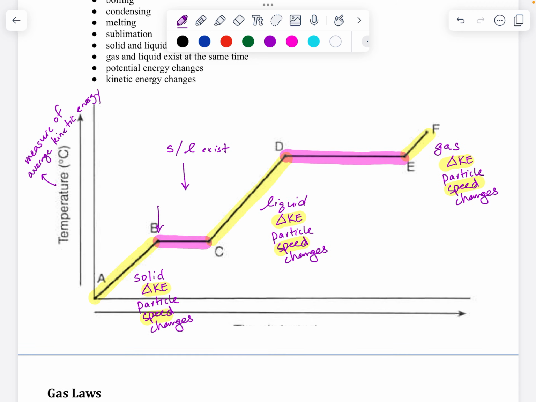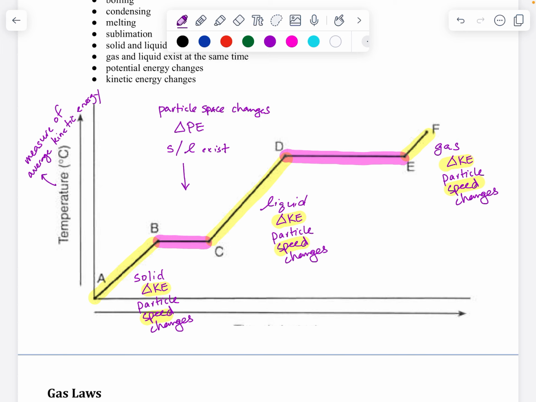This is 100% solid, but the particles have gotten to a speed where they can no longer go faster until they spread out further away from each other. So at these points right here, at these phase changes, there's a change in potential energy, right?